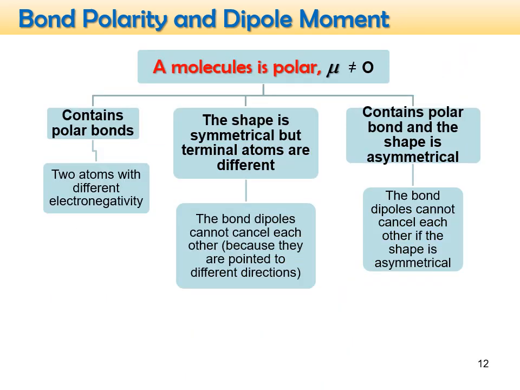Okay, so this is the simplified version on how you can determine the polarity of a molecule. Okay, so let's go through each of this. So, if your dipole moment is not equal to 0, okay, so first we look at the first case. Means it should have polar bond. Polar bond means you can determine the polarity of the molecule.